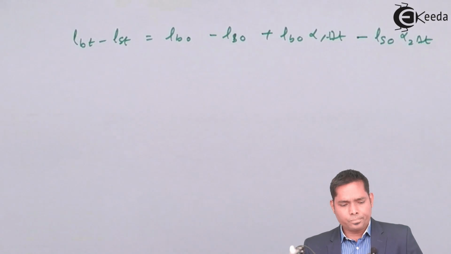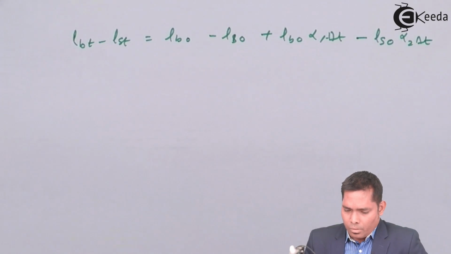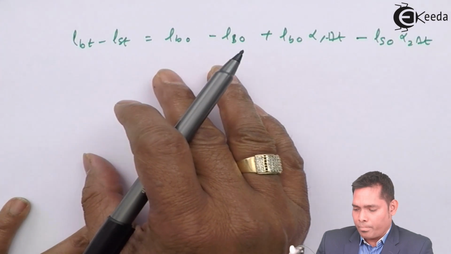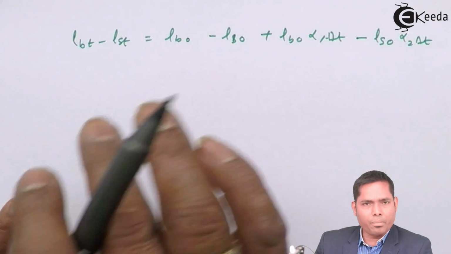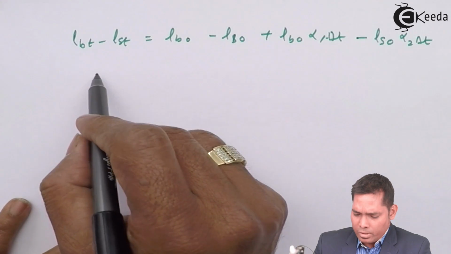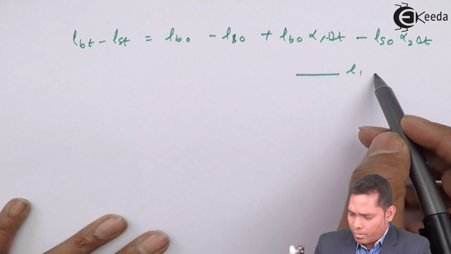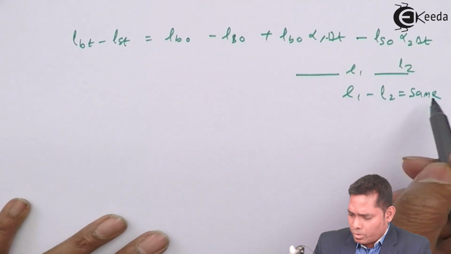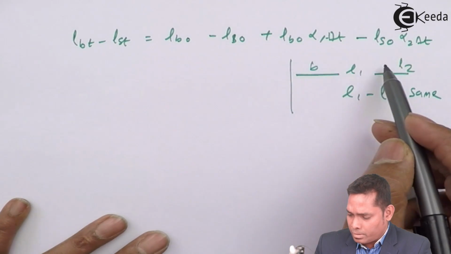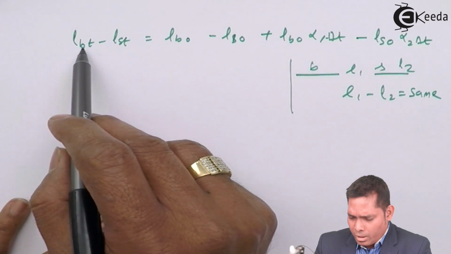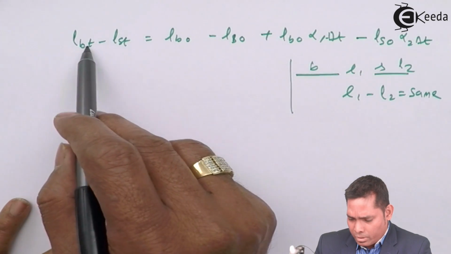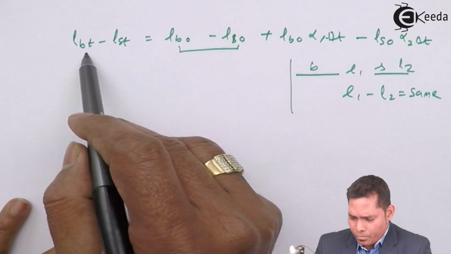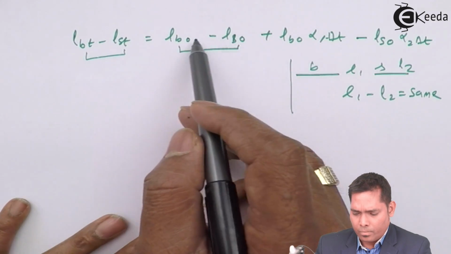The difference of lengths, it says L1 minus L2, is the same. So this is for brass and this is for steel. I have used the length at T centigrade temperature here, and here the difference is at 0 degree centigrade.